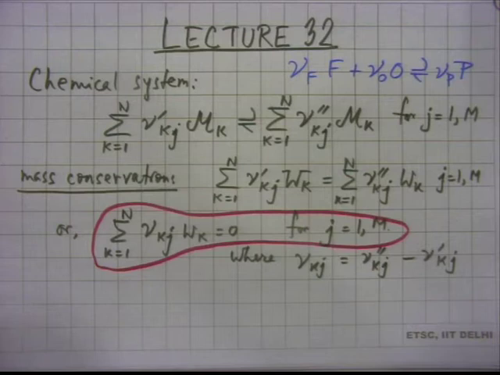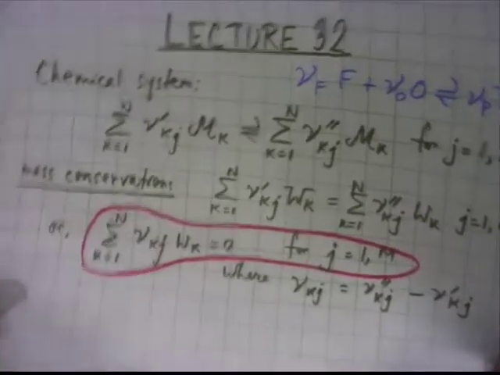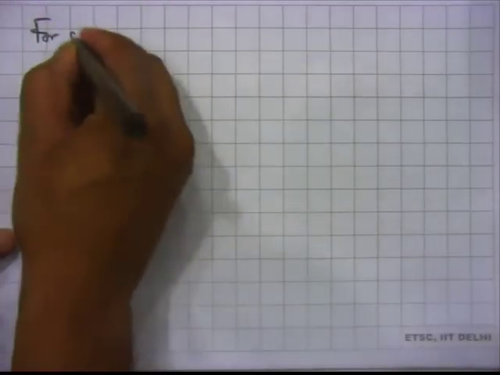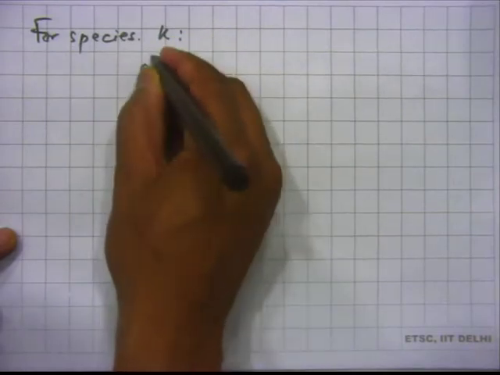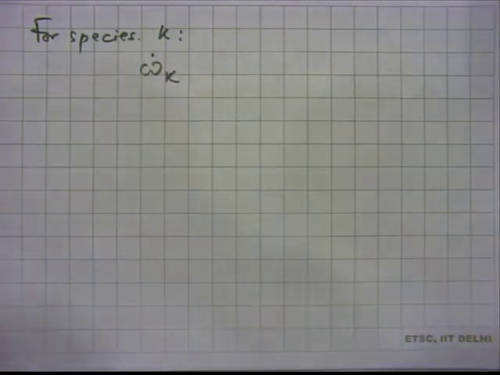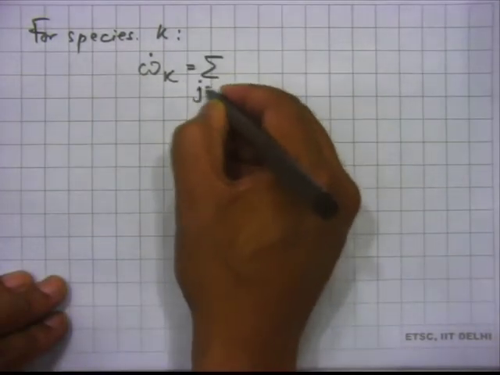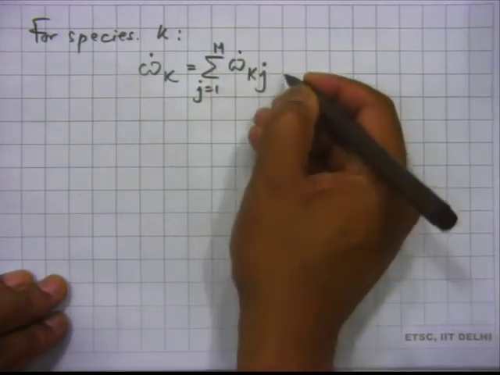Now, we will do a little bit more to define some mass ratios. So, for species k, we have a reaction rate omega dot k, and this omega dot k is summation j equal to 1 to m omega dot kj.